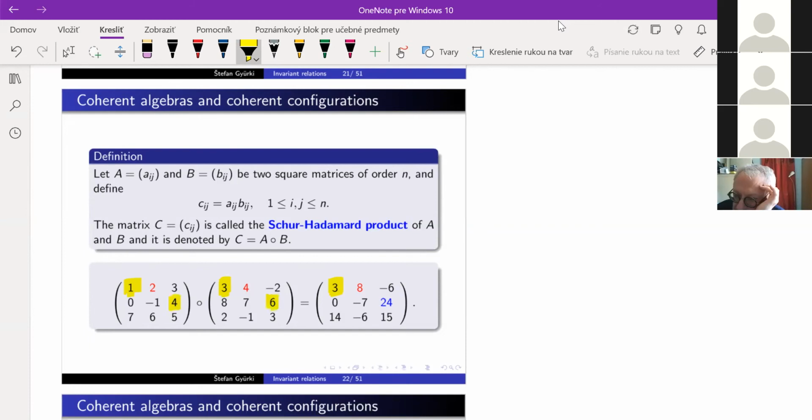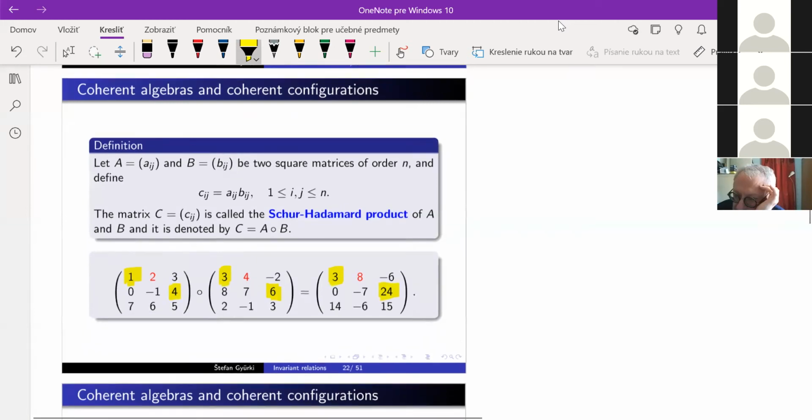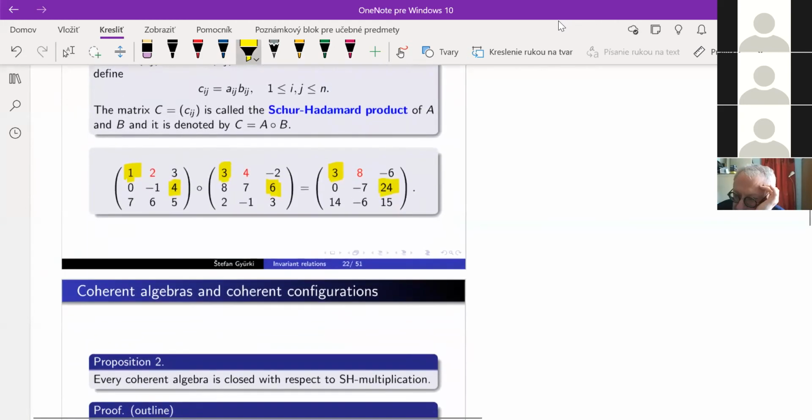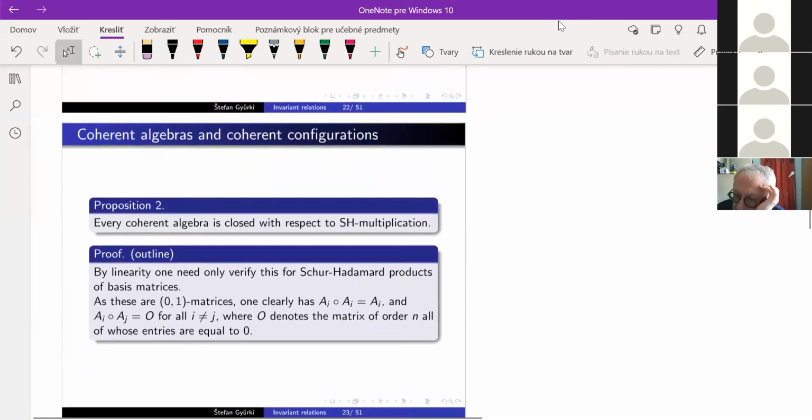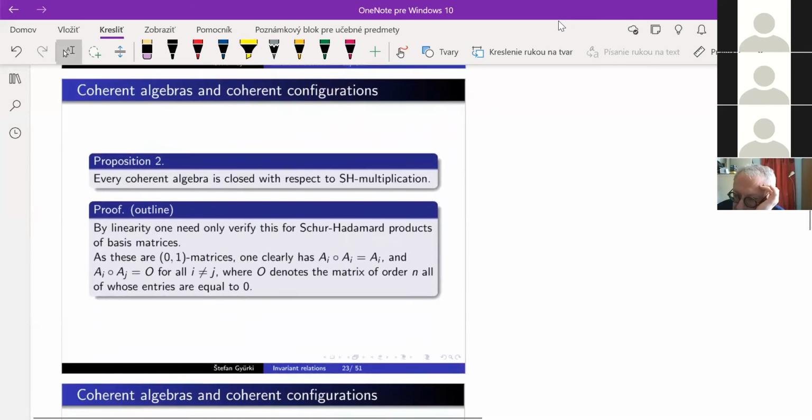Also 4 times 6 here is 24 and so on. So this product is called the Schur-Hadamard product, and it is easy to understand how it works.